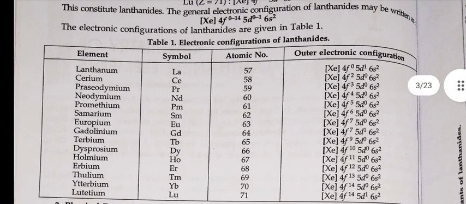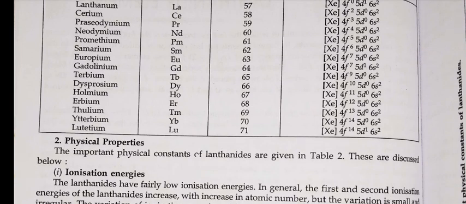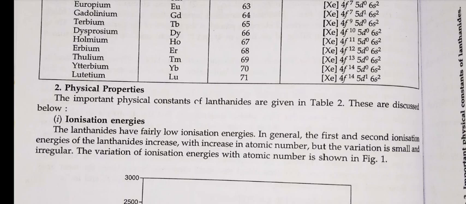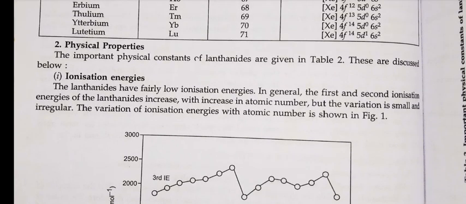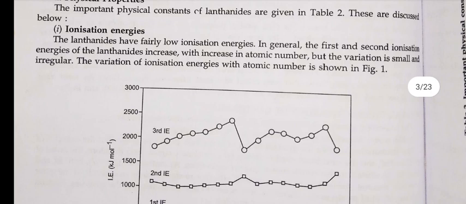Now physical properties. The important physical constants of lanthanides are given in table 2. Ionization energies. The lanthanides have fairly low ionization energies. In general, the first and second ionization energies of the lanthanides increase with increase in atomic number, but the variation is small and irregular. The variation of ionization energies with atomic number is shown in the figure.